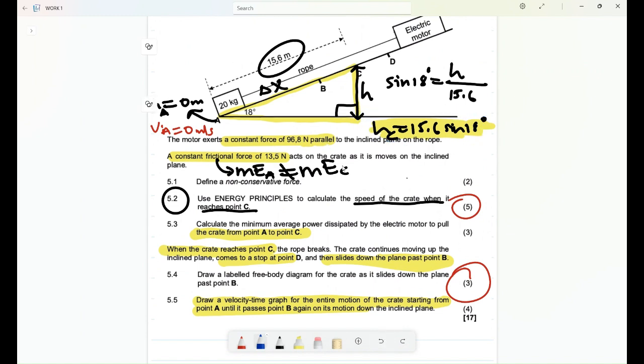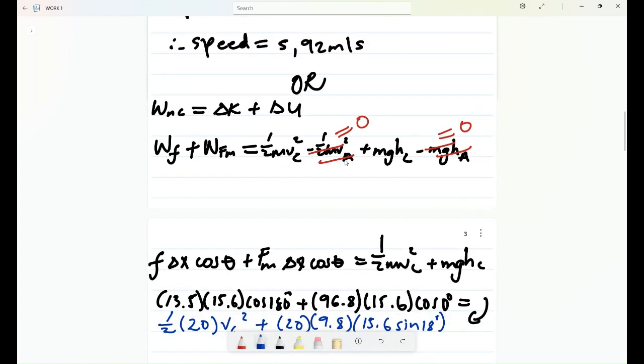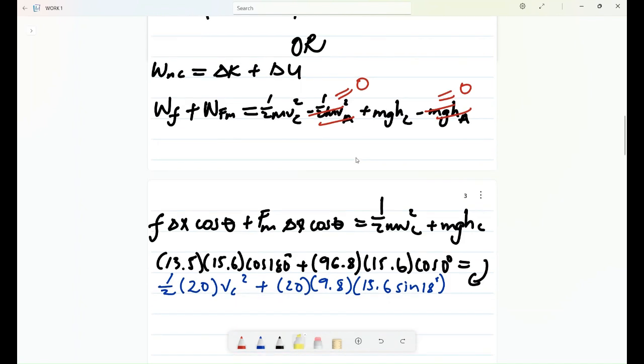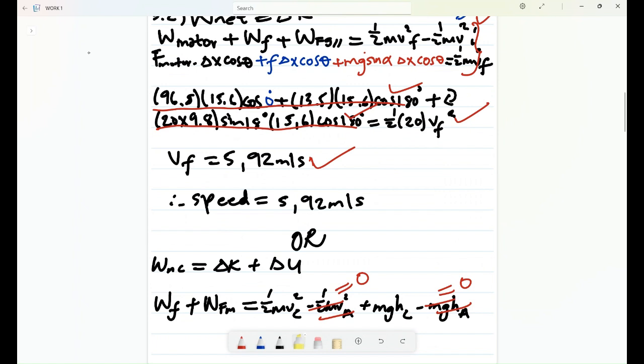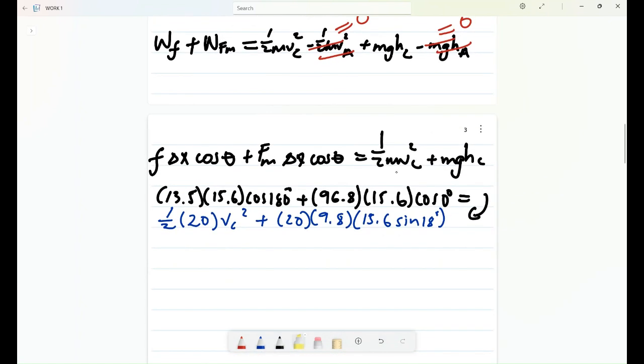Now, before we go further with the calculations, I want you to compare something and see how these formulas are the same. Let's look at our substitution. Substitution for force of the motor, here it is. It has 96.8, 15.6 cosine of 0, also here, 96.8 and 15.6 cosine of 0.